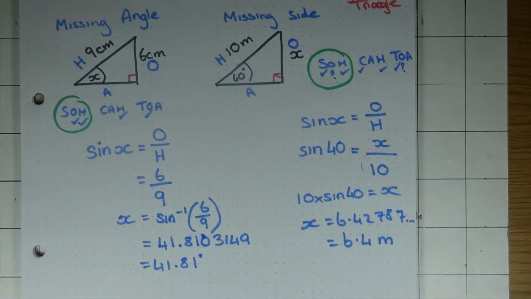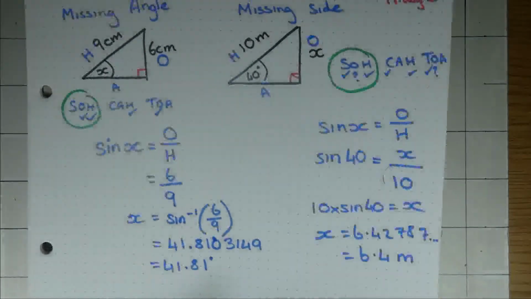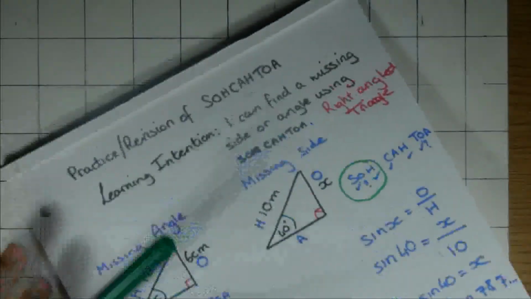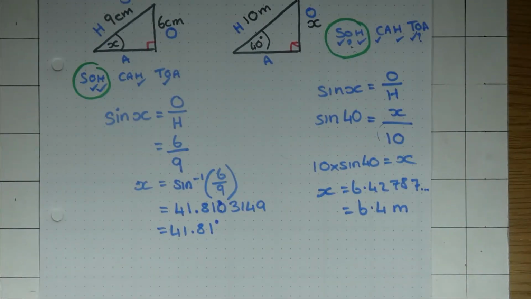The last thing I'm going to give you is a quick reminder of the other two equations, so you can refer to it. We have sine x equals opposite over hypotenuse.